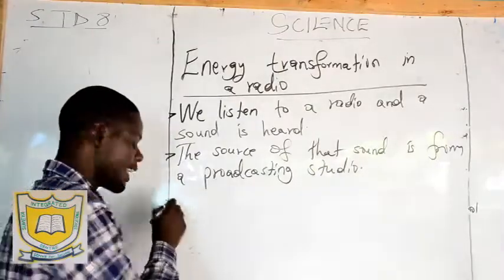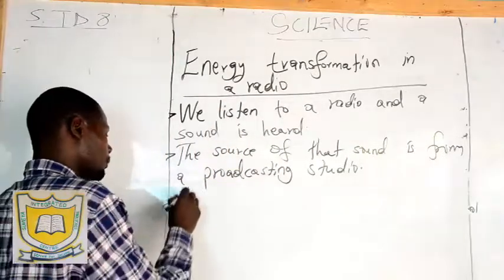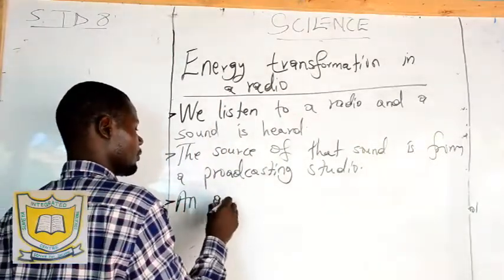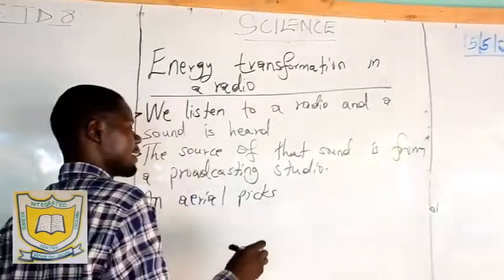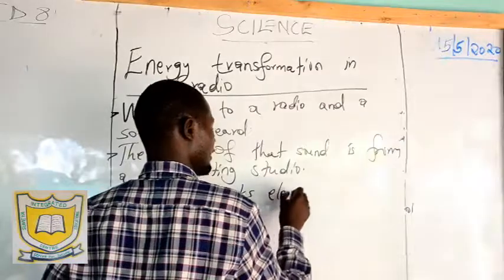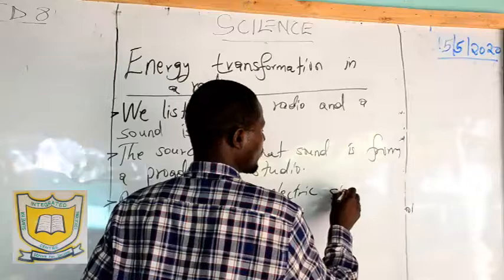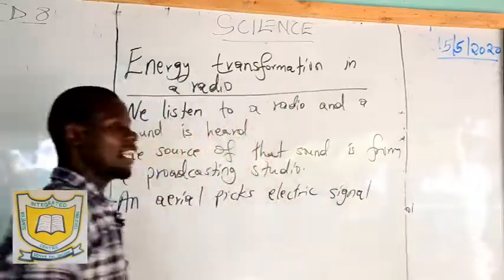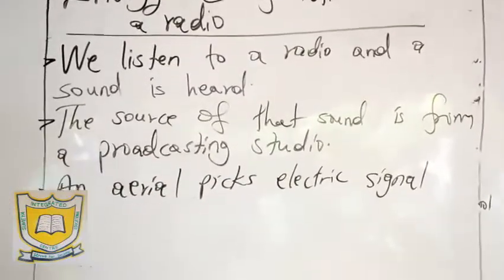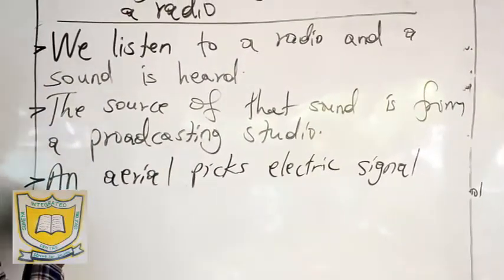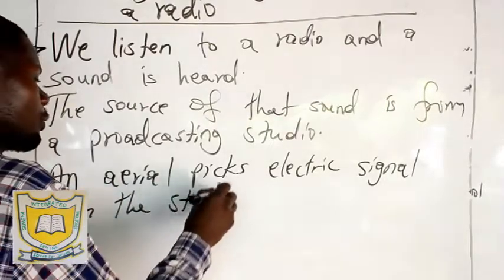There is something known as an aerial. What is the function of an aerial? An aerial of the radio picks an electric signal from the studio.